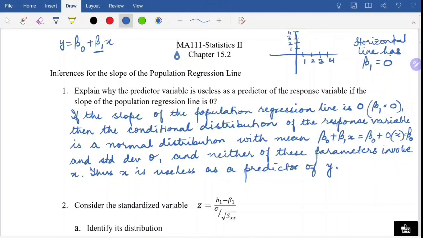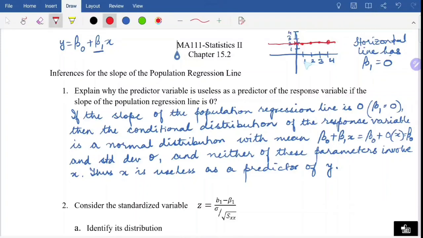And what does that mean as far as x is concerned? Let me take out another color here. Let's say a horizontal line. We have a horizontal line passing through a y value of 2, right? What can we say about the y values as we move along our x values?